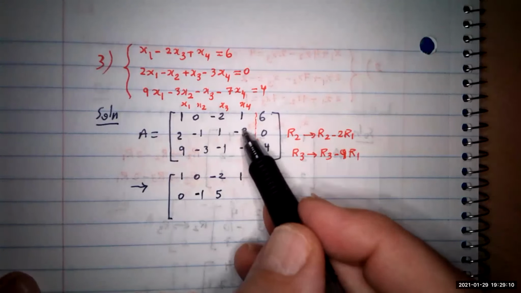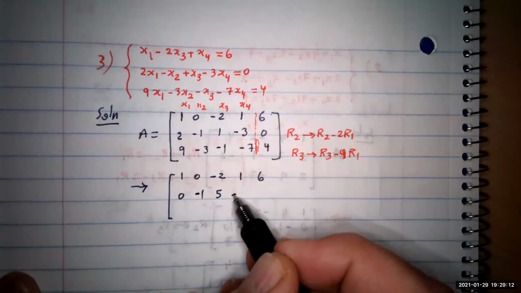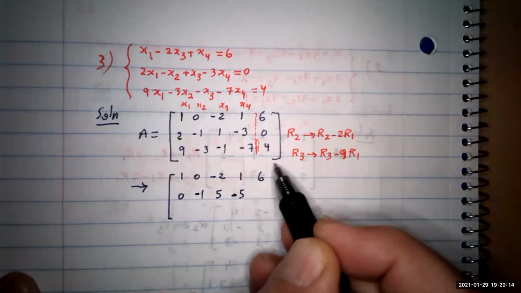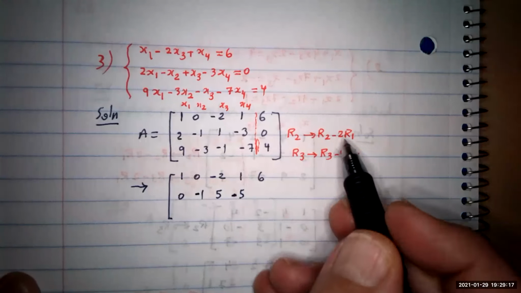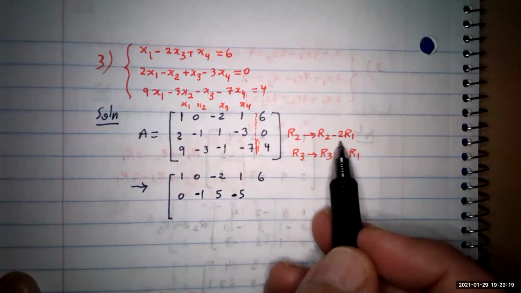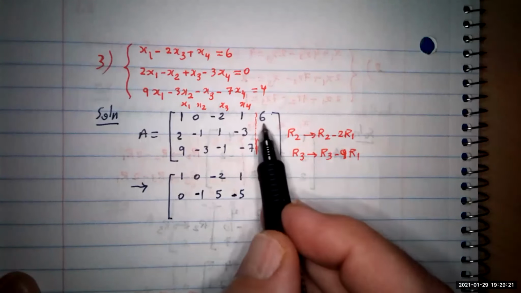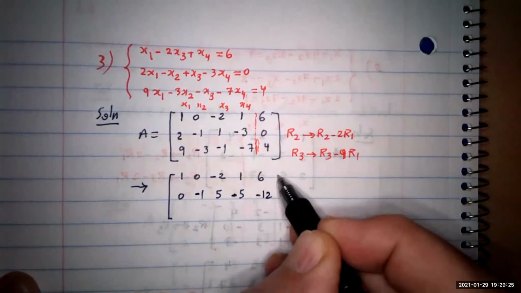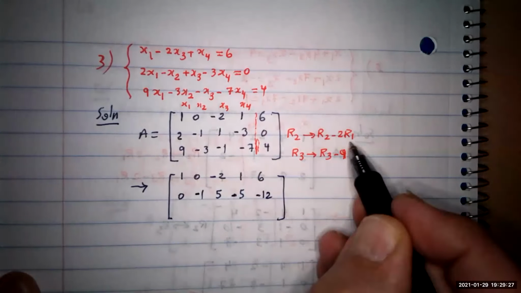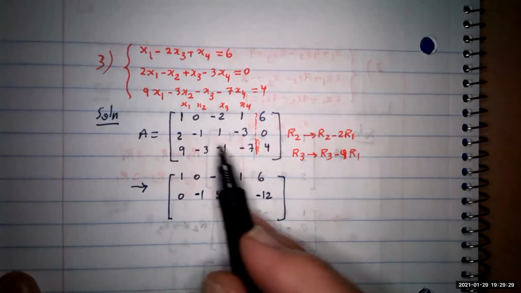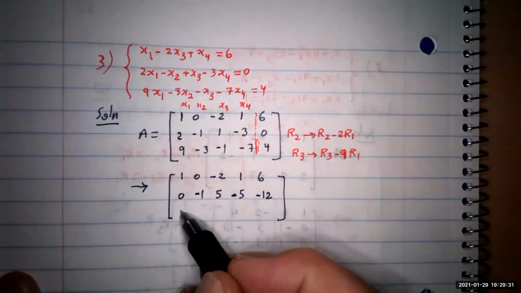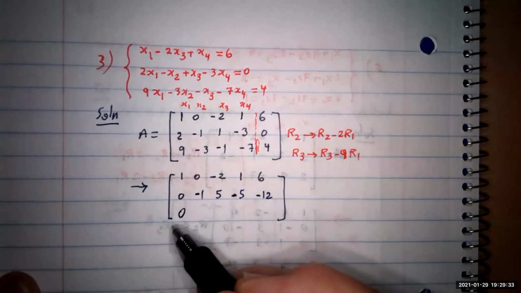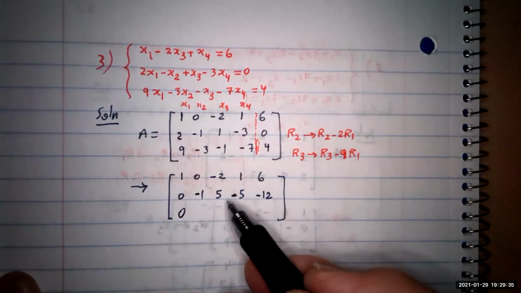So that's going to be a negative 6, then the negative 5, negative 5, and that is simply R2 minus 2R1, so that gives you negative 12. Okay, so that would be a second row, R2 minus 2R1, so R3 minus 9, so the 9, that gives you 0.